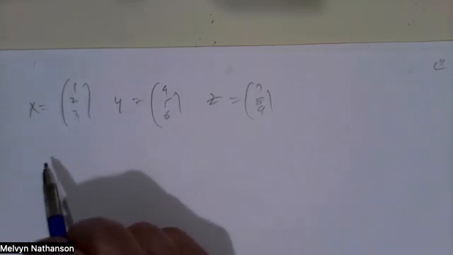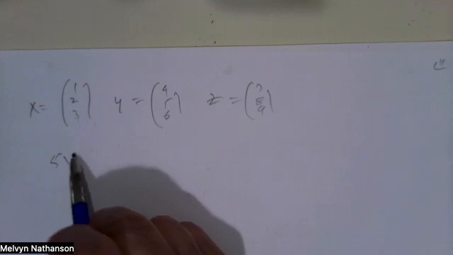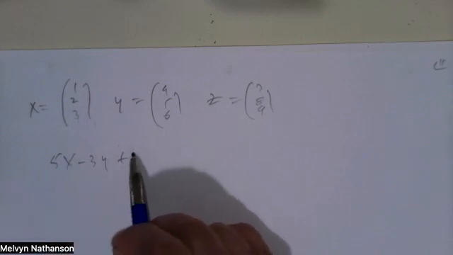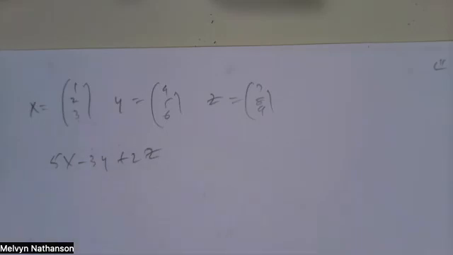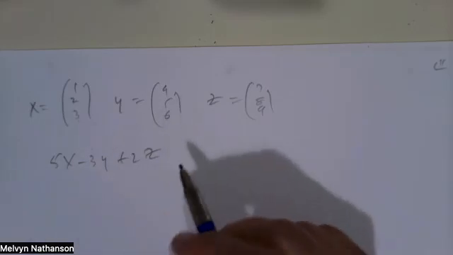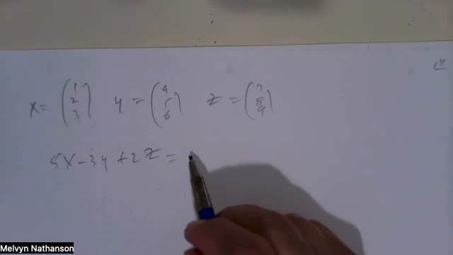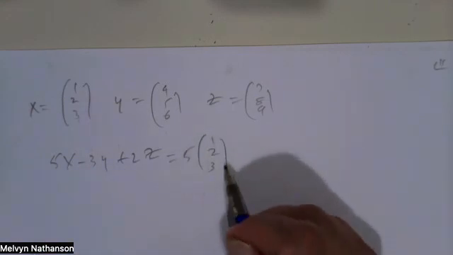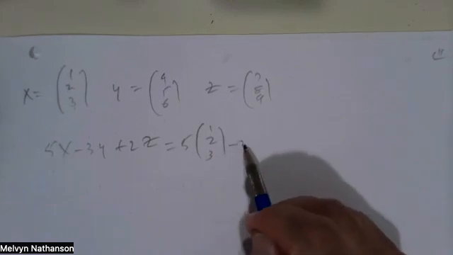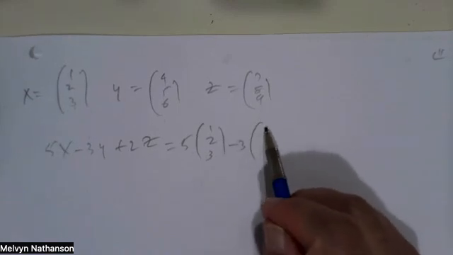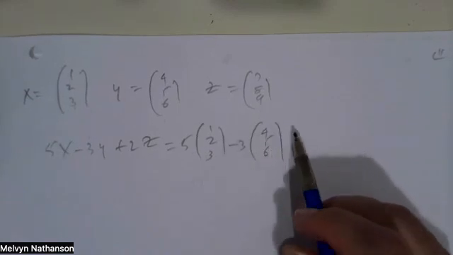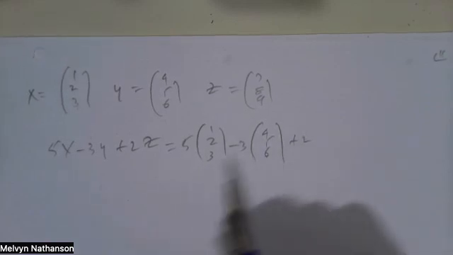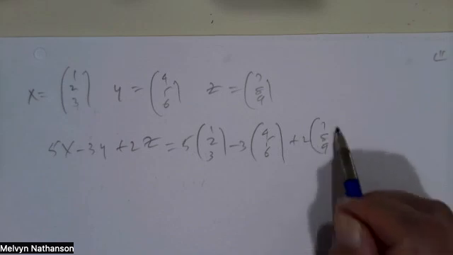And I want to compute 5x minus 3y plus 2z. So what is that? That's 5 times the vector x, which is 1, 2, 3, minus 3 times the vector y, which is 4, 5, 6, plus 2 times the vector z, which is 7, 8, 9.